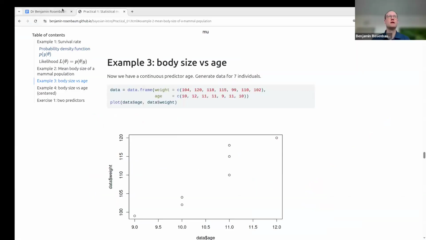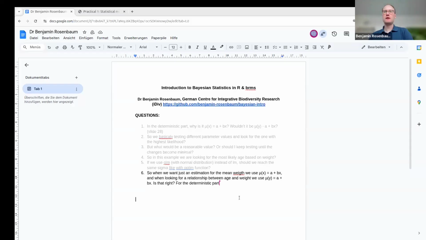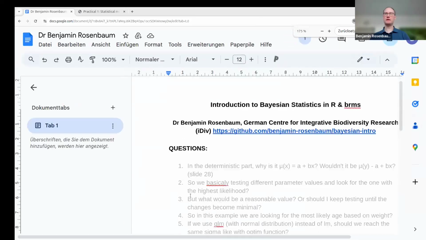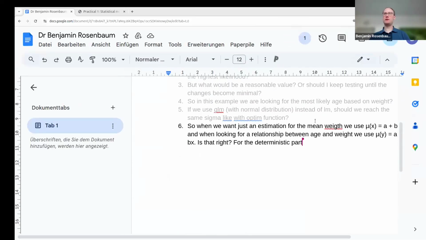Question, please. Okay, not quite. So maybe I'll just write directly to the document. So the first model was mean weight, but we didn't have any predictor X here, right?